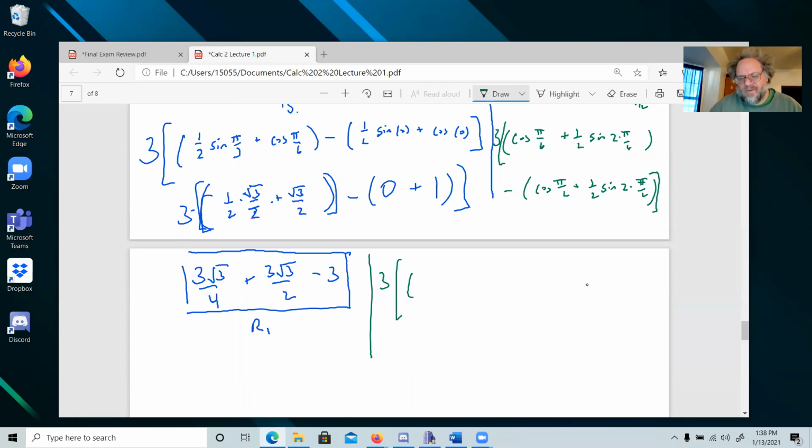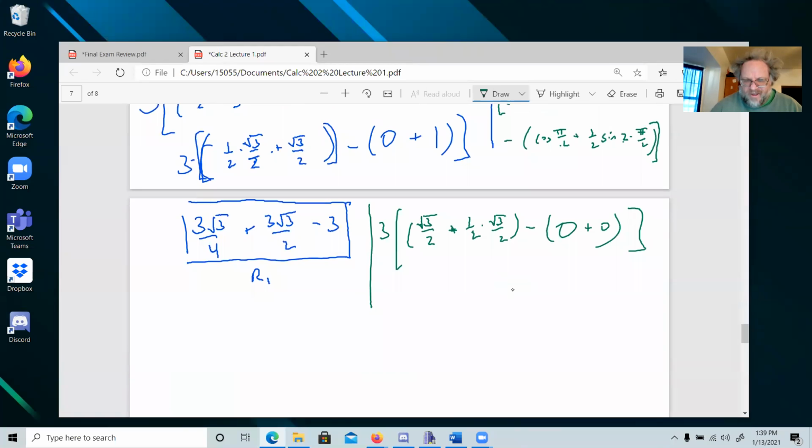So pi over 6, that was square root of 3 over 2, wasn't it? Plus 1/2 sine of pi over 3, which is also square root of 3 over 2. And that's minus. Cosine of pi over 2 is 0. And the 2's cancel, so sine of pi, also 0. So plus 0.